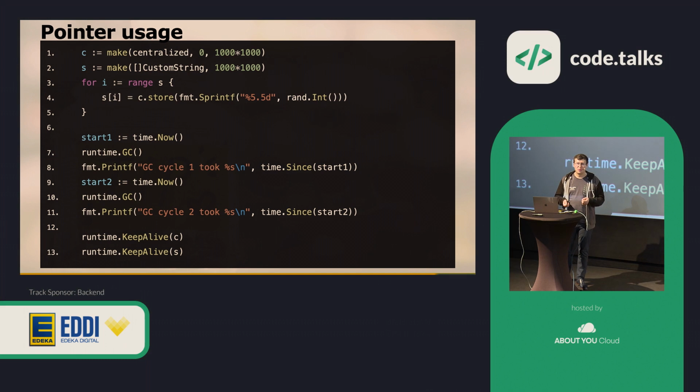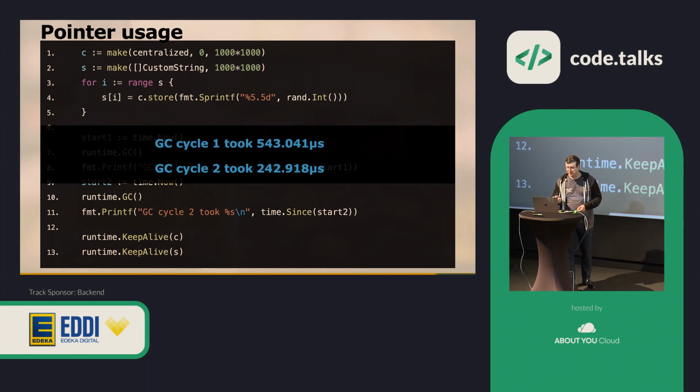The alternative approach is to use my custom string structure and my slice way of storing strings. I have a single slice, one pointer. I store 1 million strings inside it. Then I again run the garbage collector twice. I'm telling it, do not garbage collect my slices. And I obtain this.